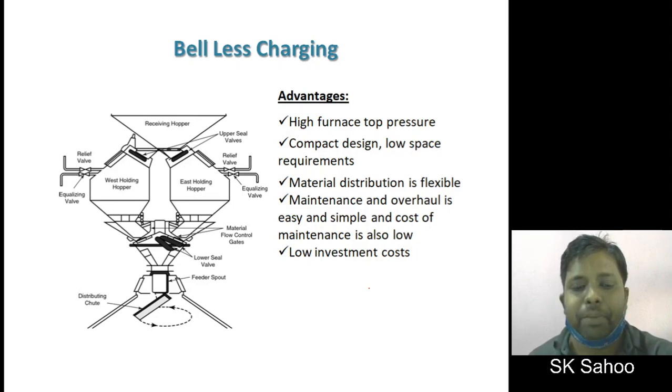And the compact design, low space requirement leads to reducing the height of the furnace. And also it offers flexibility in material distribution, uniformity in material distribution, and the maintenance and overhaul is easy and simple, and the cost of maintenance is also lower than that of a two bell charging system.